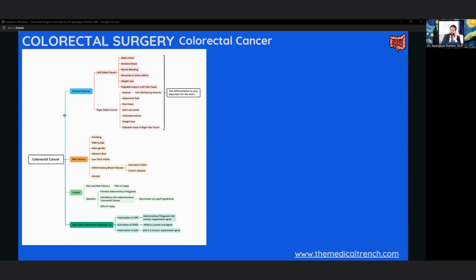Now, when we talk about direct causes, we talk about patients who have diet and risk factors, and those people are 75% of the cases, right? However, in 25% of the cases, they have a genetic predisposition to developing colorectal cancer, right? So one of the most important things is that from a genetic perspective, there are two different diseases.